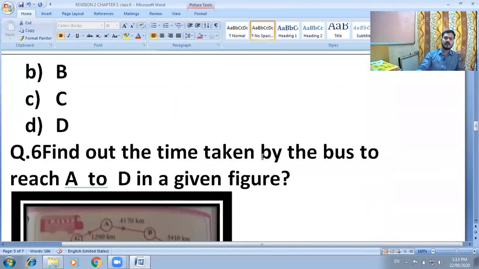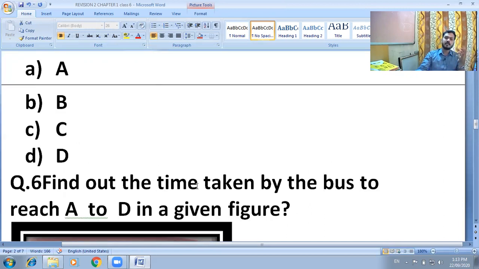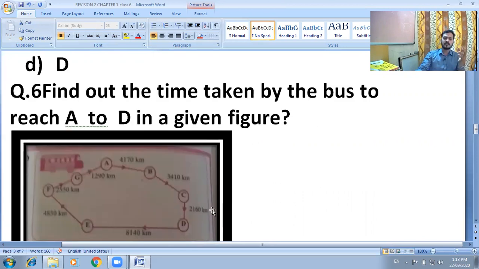Next one, find out the time taken by the bus to reach A to D in the given figure. Okay, suppose, where is A? Here it is A, B, C, D. What is your question?